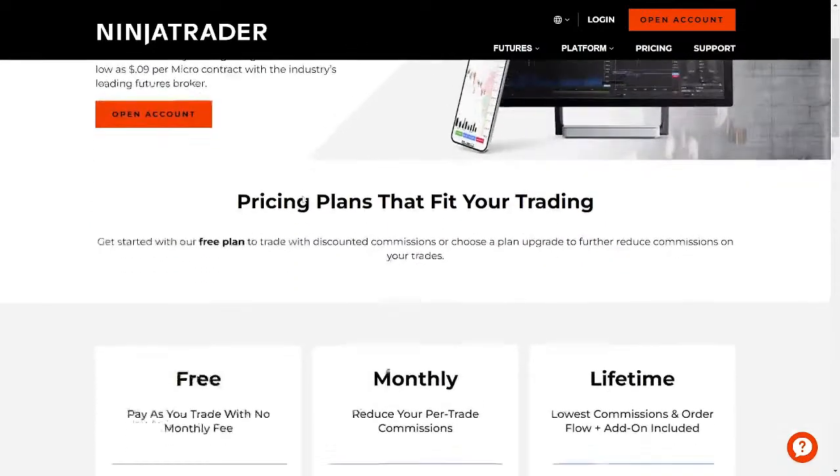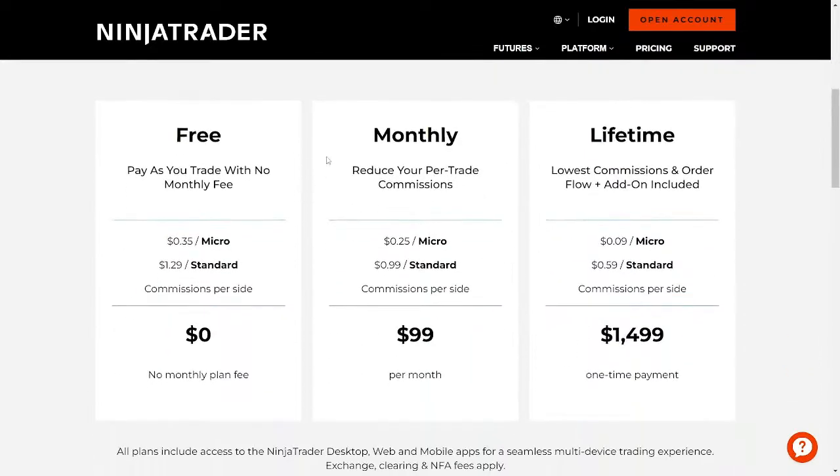Something a little bit different with NinjaTrader than the other platforms like TradingView and so forth is that they have different tiers to their desktop software licensing. And with that different licensing, you get different commissions on each of the contracts that you trade, both what they show here, micro, and what they're referring to as standard, that is a mini contract.